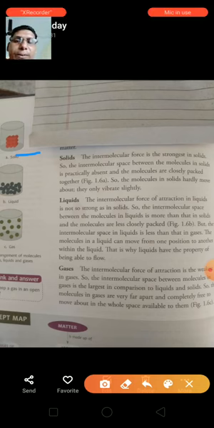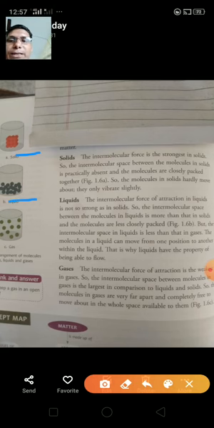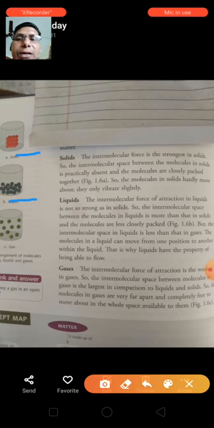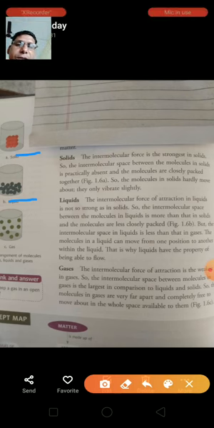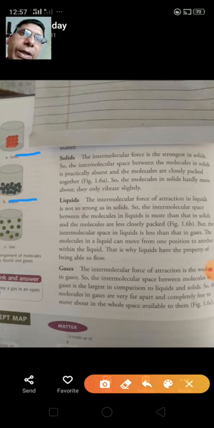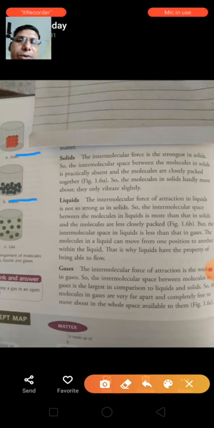Then in liquid, here is the diagram of the liquid. You can see the molecules of this liquid are a little bit far from each other. They are not so tightly packed. In the liquid, the intermolecular force of attraction is not so strong as in solid. As in the previous topic, I have told you that intermolecular force and intermolecular space are inversely proportional to each other.